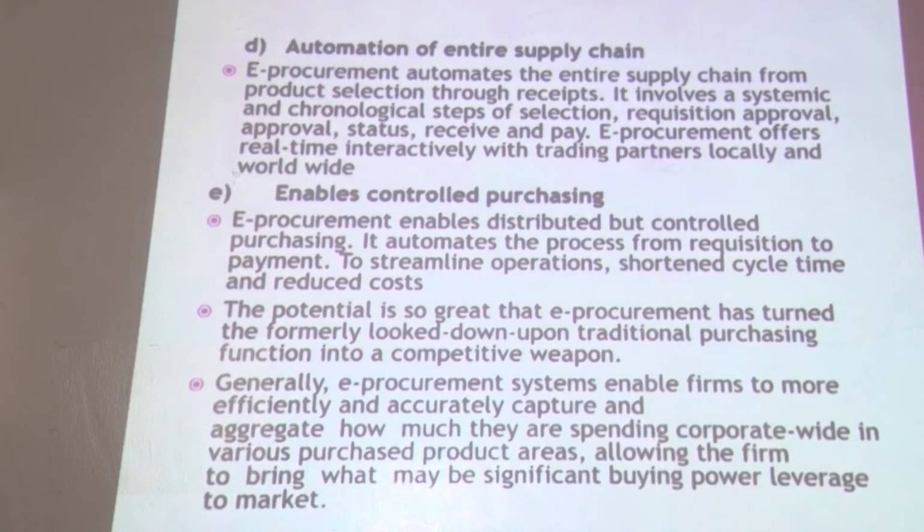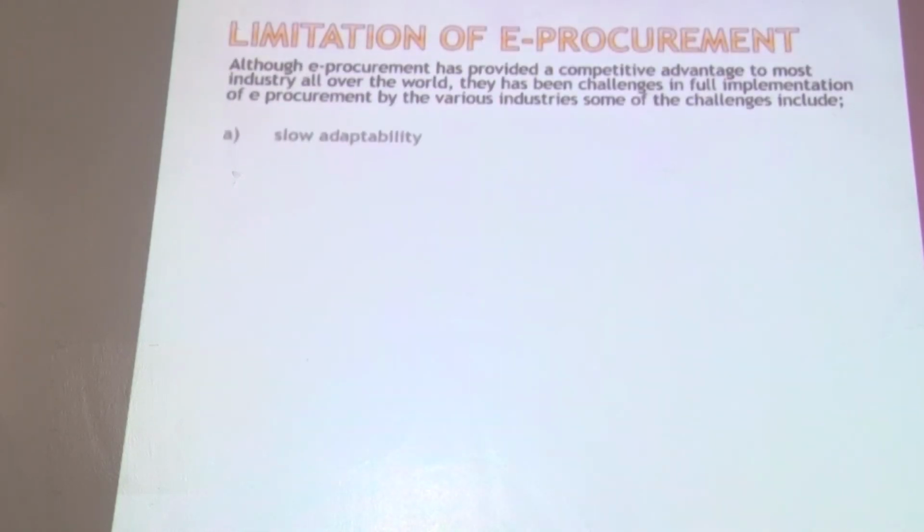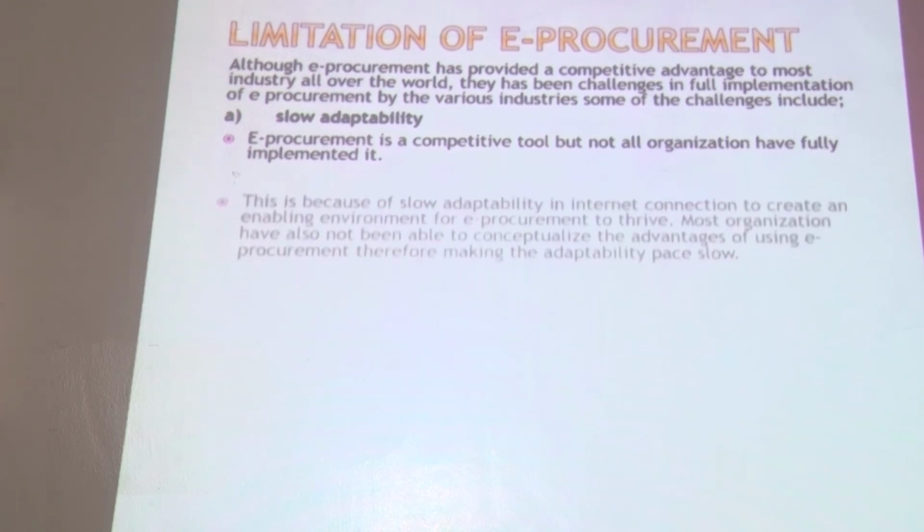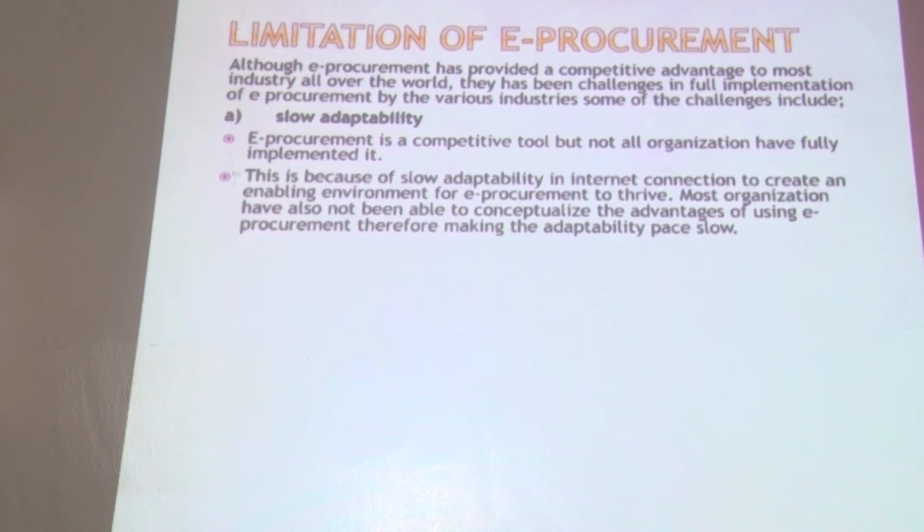So e-procurement system has also enabled firms to be efficient and accurate, in that it has enabled them to capture various issues when it comes to spending in the corporate world. So what are some of the limitations of e-procurement? The first limitation is slow adaptability. Companies don't want to embrace e-procurement, therefore their adaptation is becoming very slow.